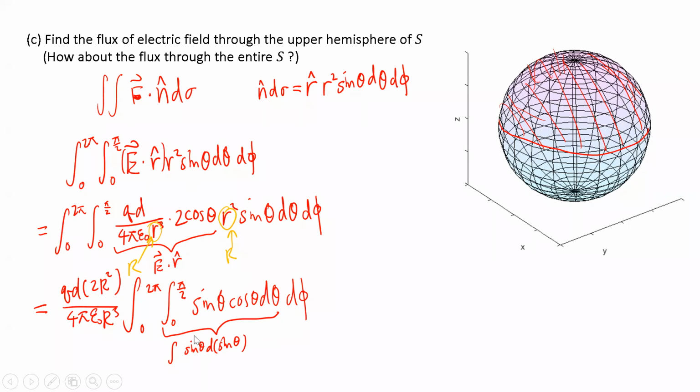So this inner integral is actually just 1/2, and the outer integral gives you a factor of 2 pi. So then the final answer would be this one.